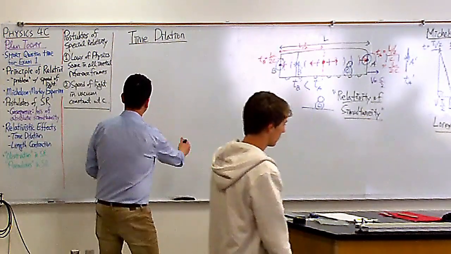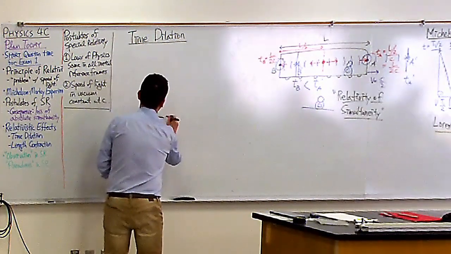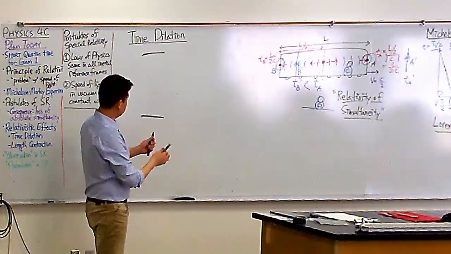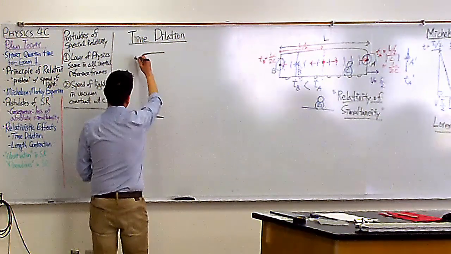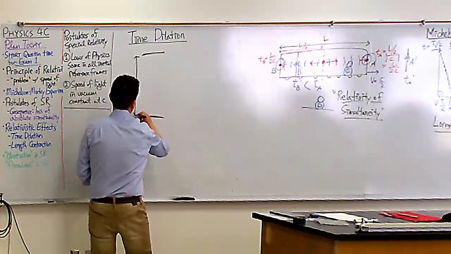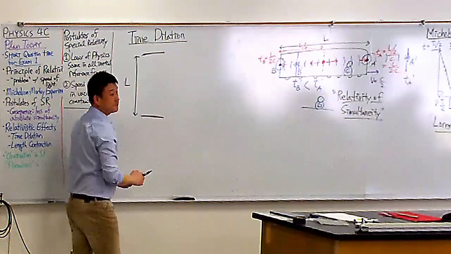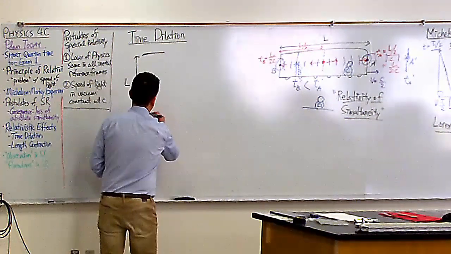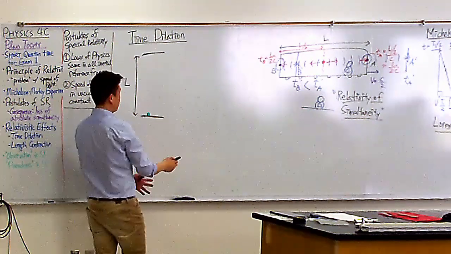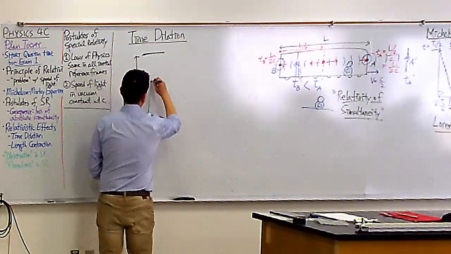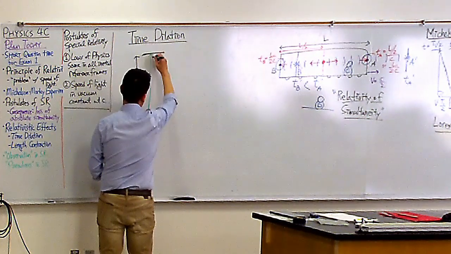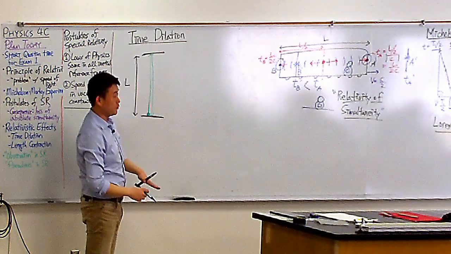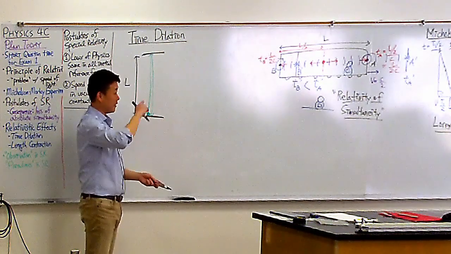So I have one mirror here, I have another mirror here, and if these two mirrors are separated by distance L, then when I have a light beam or pulse here, it bounces up, bounces from here, comes down, then I can use that round trip as my ticking of a clock.